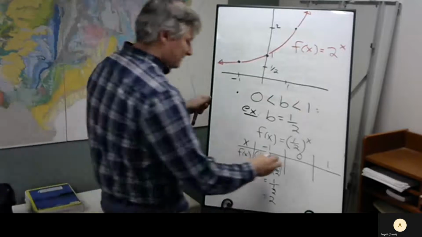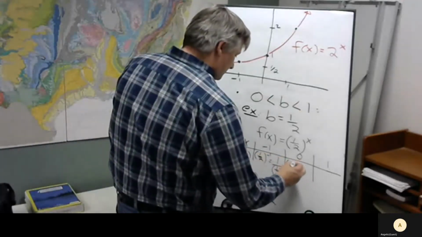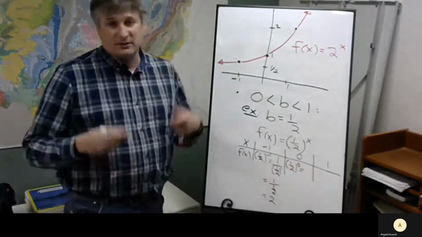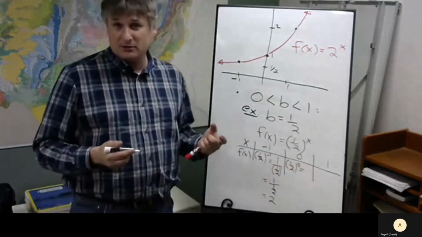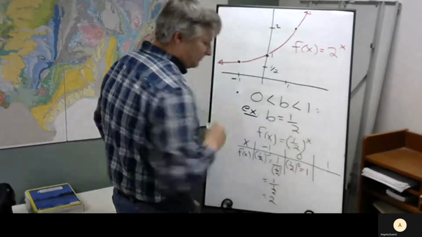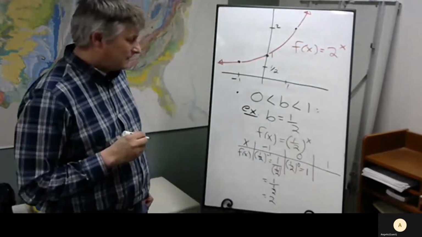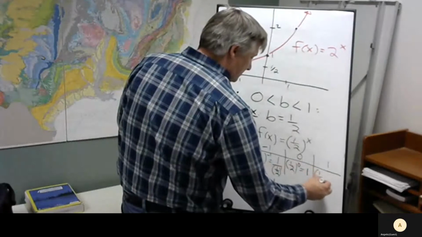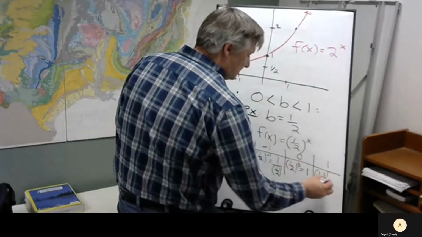Now for 0, 1/2 to the 0. Well, again, any number except for 0 that has 0 as an exponent, that's going to be 1. So we have 1. And then finally, we have 1/2 to the 1.